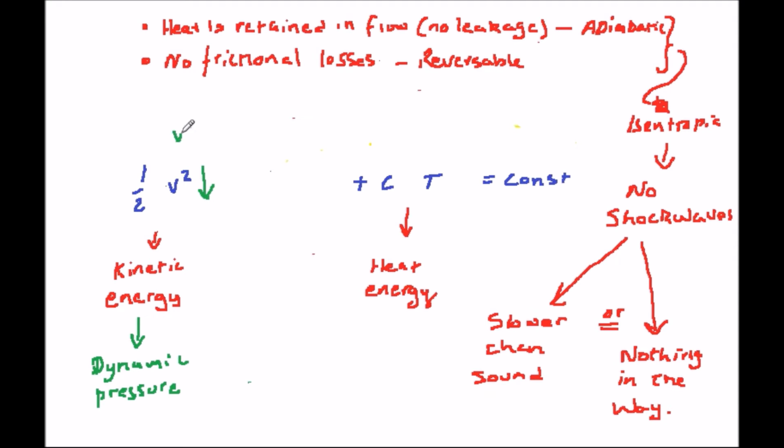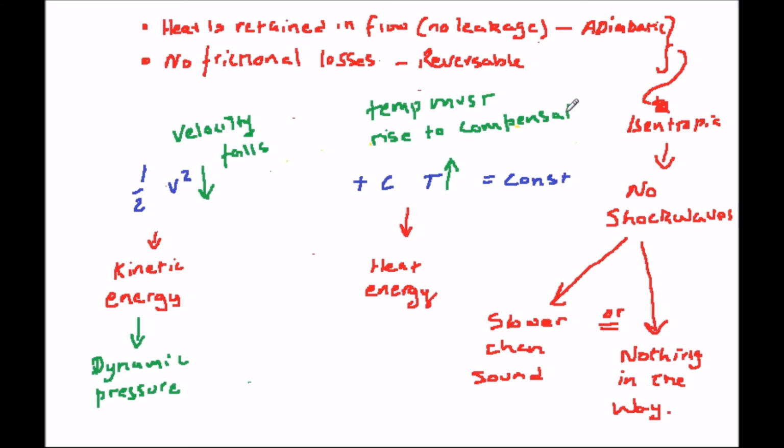However, the equation describes quite nicely why temperature rises when we slow air down in the intake of our engine, as we previously discussed. The kinetic energy has to go somewhere. It must be conserved, and where it goes is into heat. So as the velocity falls, the temperature must rise to compensate for this.